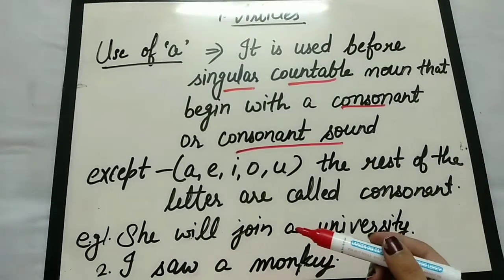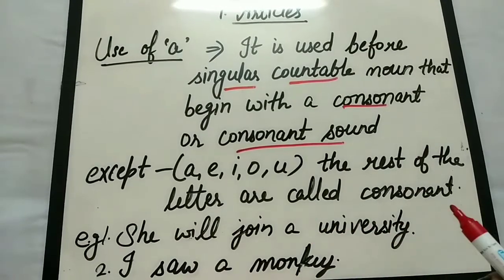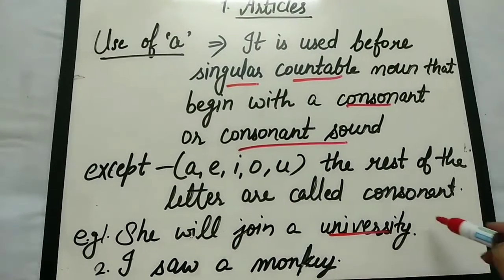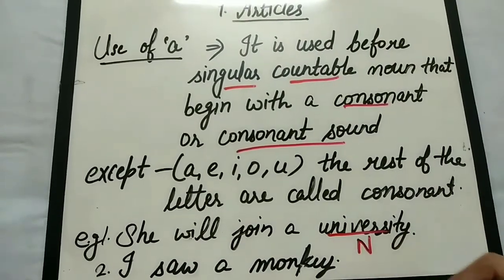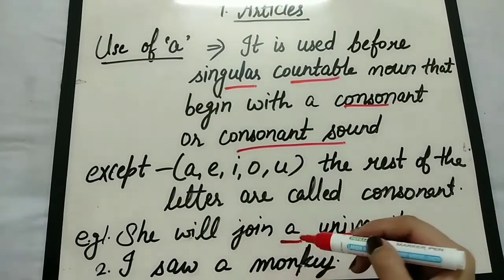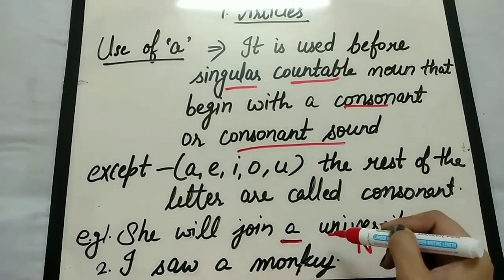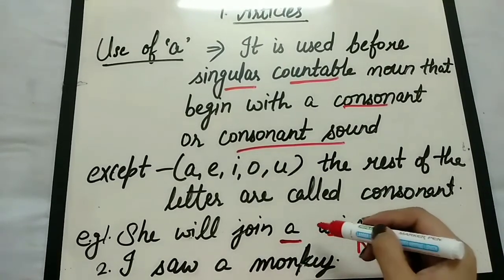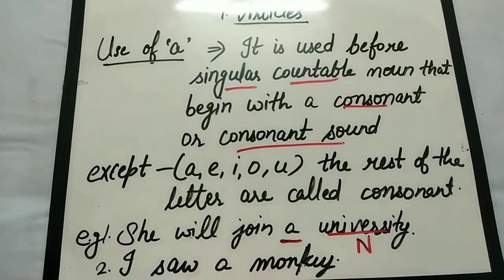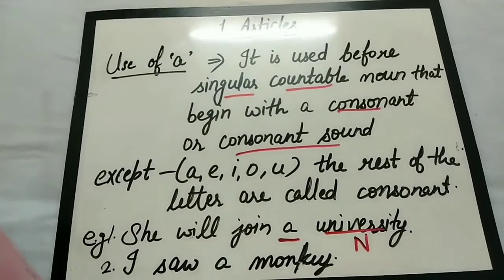I have given here one example. She will join a university. University is a noun, and before this noun we have used the indefinite article a, because this noun has a consonant sound. It begins with the sound U, like in university, which gives a consonant sound.